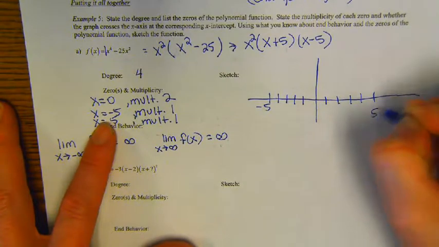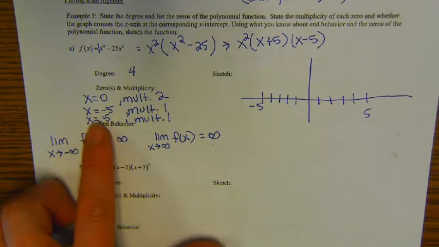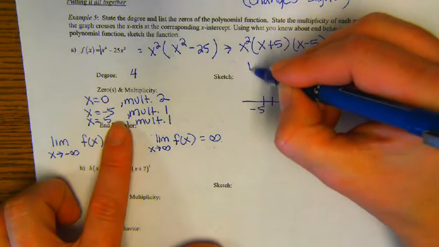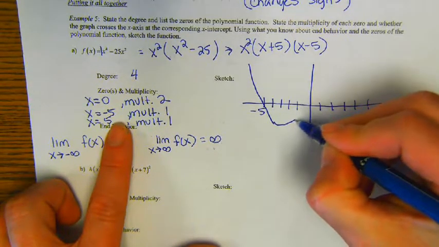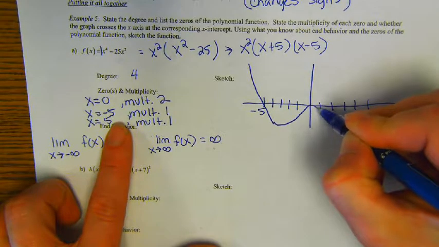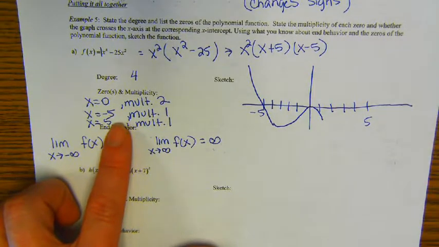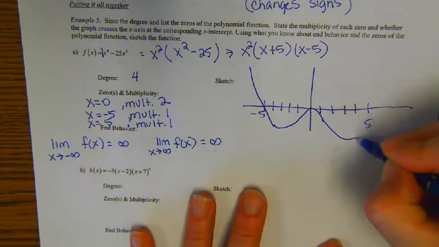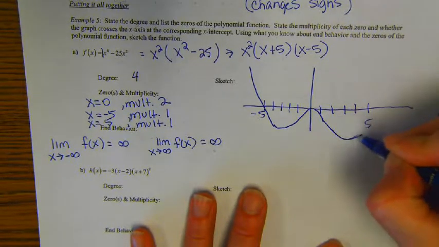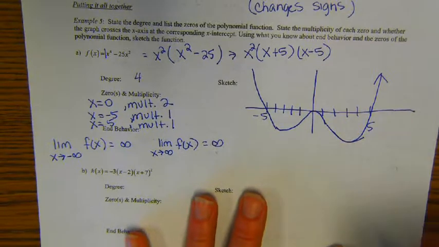Okay. And I'm going to start by going through negative 5 like this. I'm going to have the function bounce at 0. It's curved though. Don't make it like a line. Bounces at 0, and then, oops, goes through at 5.